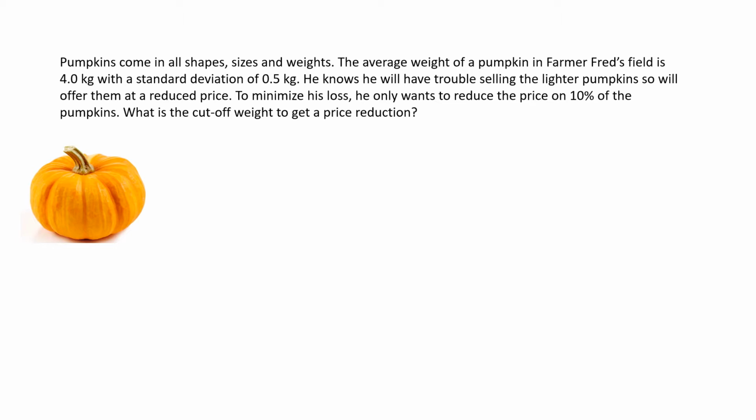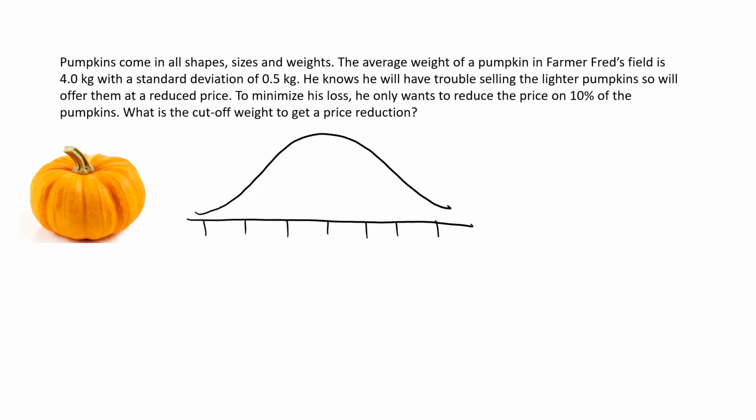So as always, my first step is to make a normal distribution curve and label it with the actual values in kilograms and the z-scores. So we've got 4 kilograms here, and it's going to be going up by 0.5 and down by 0.5.